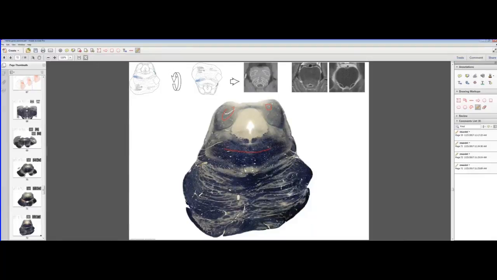Would those still be the inferior colliculi? Yeah, those are inferior. Okay. All right. So how about these fibers here? Is that also the medial lemniscus? It's a medial lemniscus, yes. And you haven't had it yet, but this is the lateral lemniscus here. Okay.